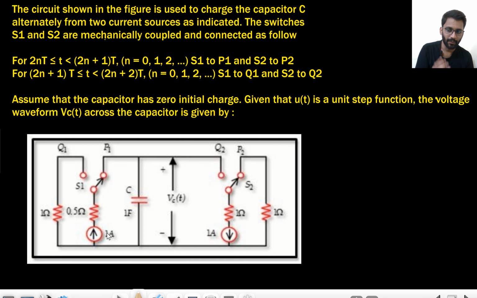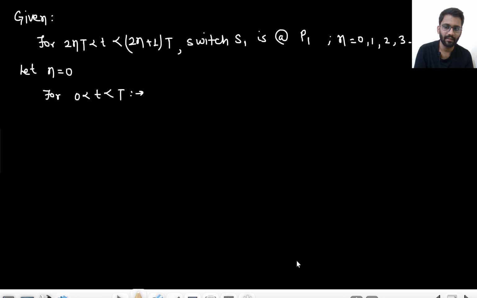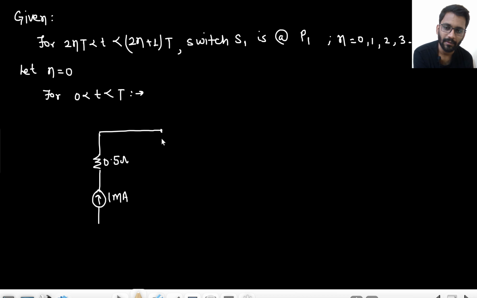This switch is at this point, so the 1 ampere current source will come in series with the capacitor. So we will have a resistance of 0.5 ohm, a current source, and a capacitor.